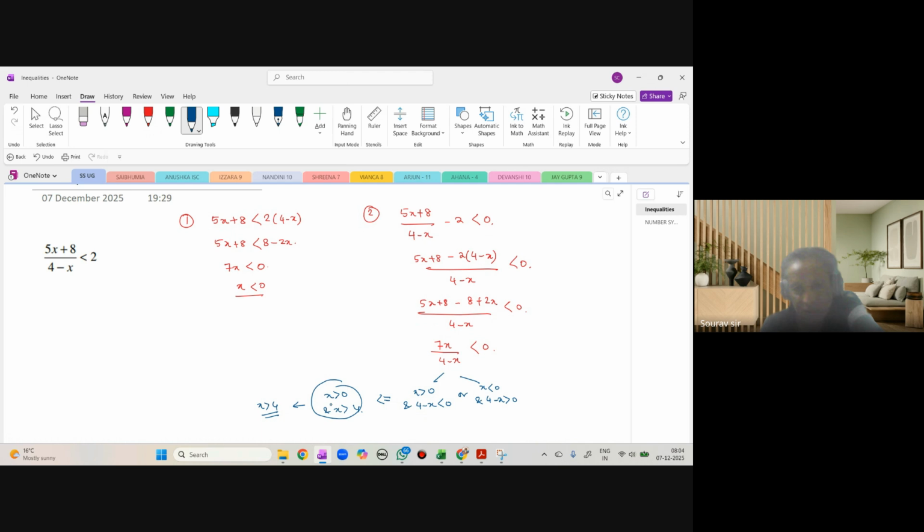This is the common solution. Now from here, I get x less than 0 and x less than 4. That means the common solution is x less than 0, right?